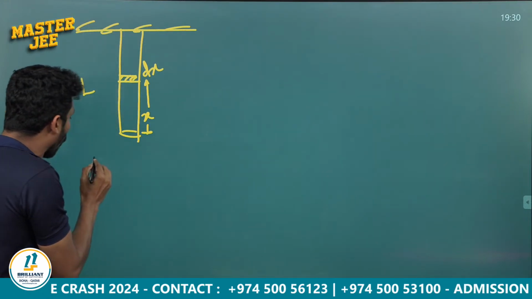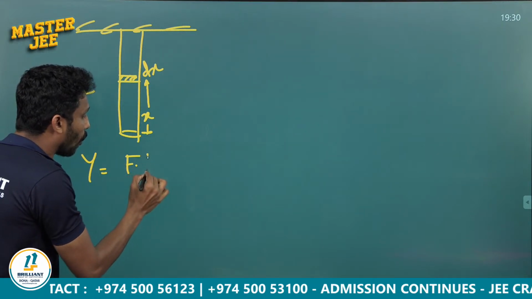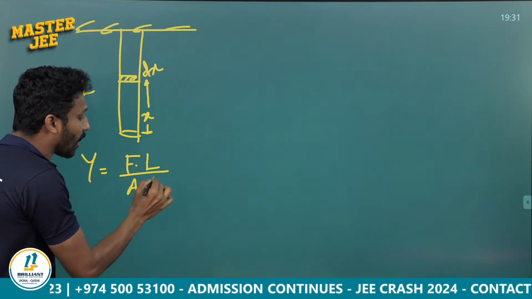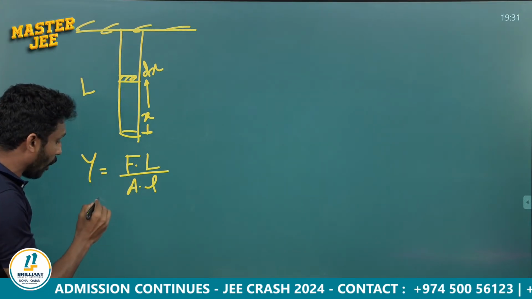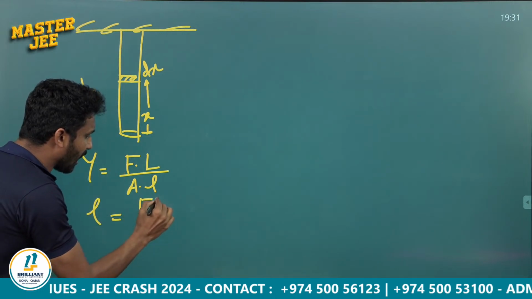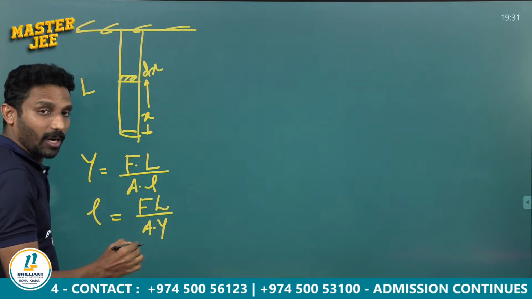We have the equation of Young's modulus: Y is equal to force into original length divided by A into elongation. Then what will be the elongation? Elongation l is equal to FL divided by AY.